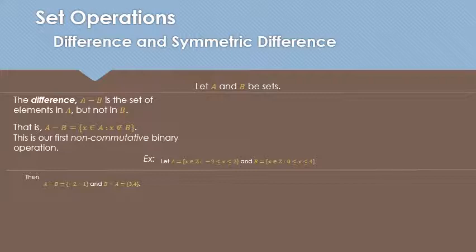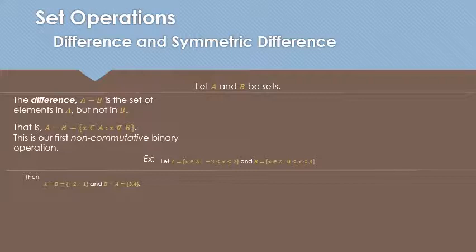Now notice that B had some elements that A didn't have, for example, 3 is in B, but 3 is not in A. We didn't write 3 in A minus B, right? We didn't really do anything with that. We just ignored those because they weren't in A. Remember, A minus B should be a subset of A. Everything in A minus B is an element of A that's not an element of B.